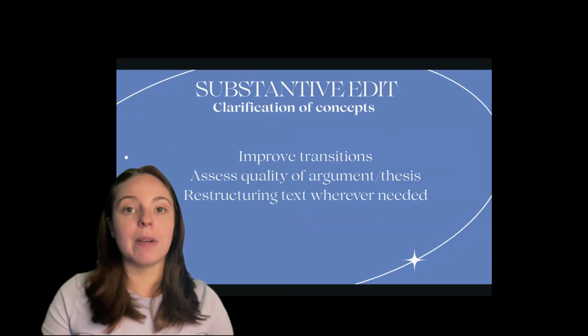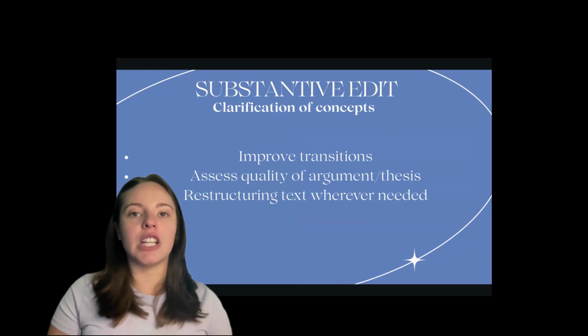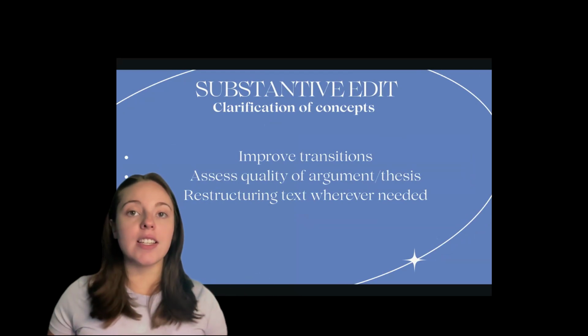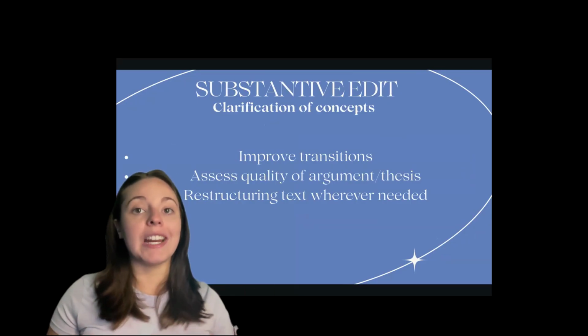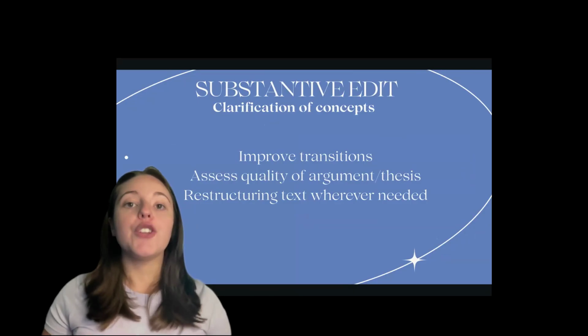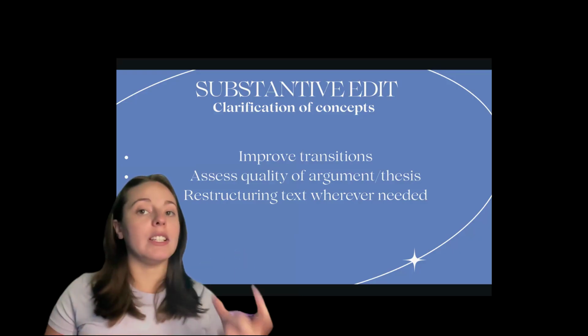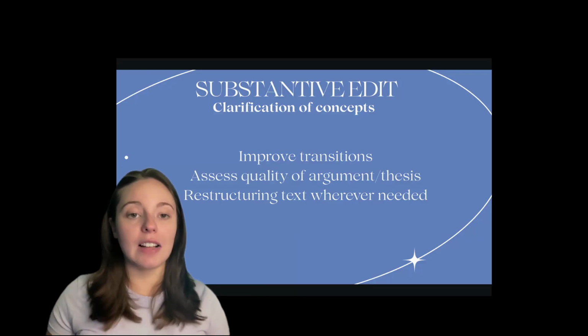So when we talk about a substantive edit, that is really talking about the clarification of concepts or what your main ideas are throughout your essays and how you can make them sound better or maybe fix them to add more analysis. Anything like that. So you'll want to improve those transitions from one paragraph to another, one in-text citation to another, or from in-text citation to analysis.